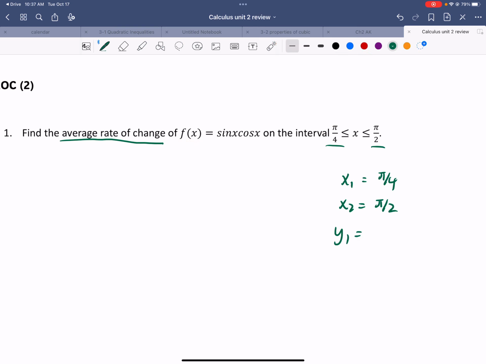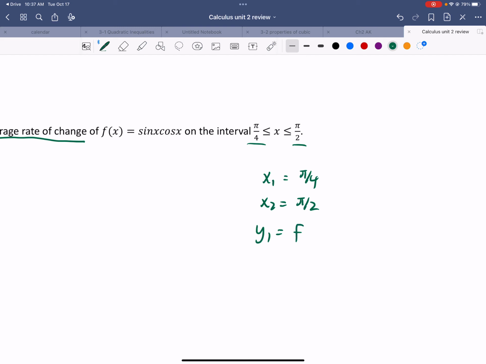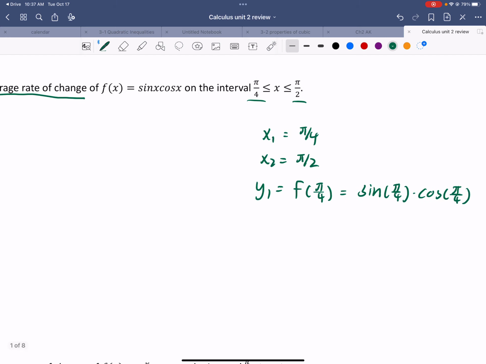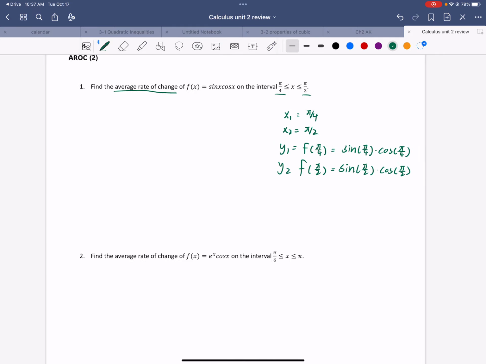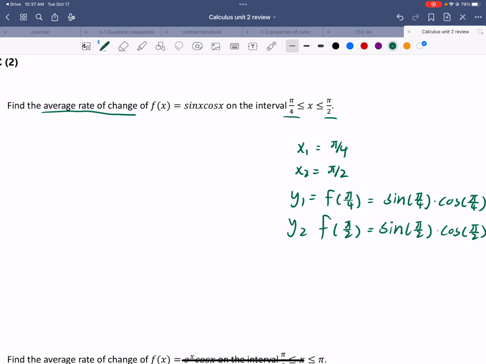So y1 is the same thing as f of pi over 4, which is sine pi over 4 times cosine pi over 4, okay? Then what's the y2 going to be? Y2 is you plugging this one in here. So it's the same thing as f of pi over 2, which is sine pi over 2 times cosine pi over 2. You know what? I was not trying to make you do all this. Yeah, you're not going to do this one.